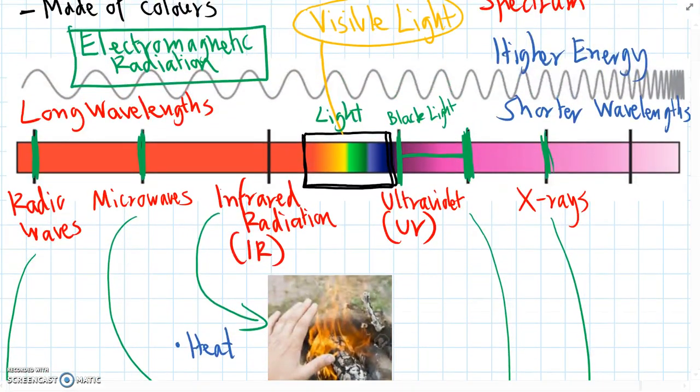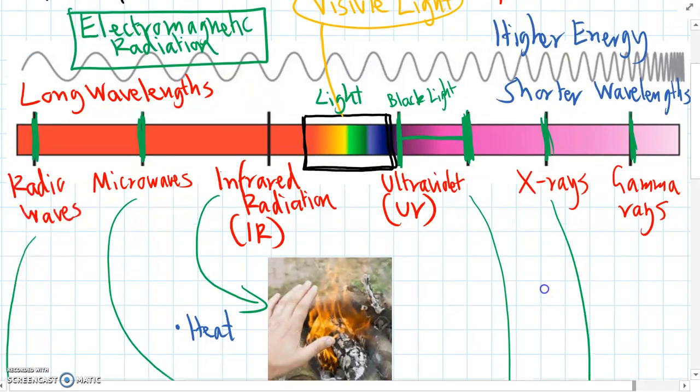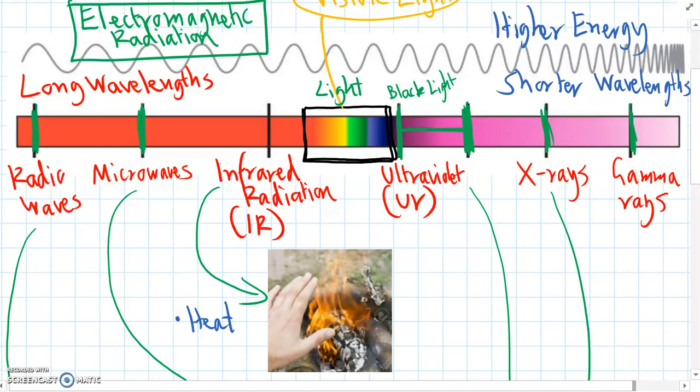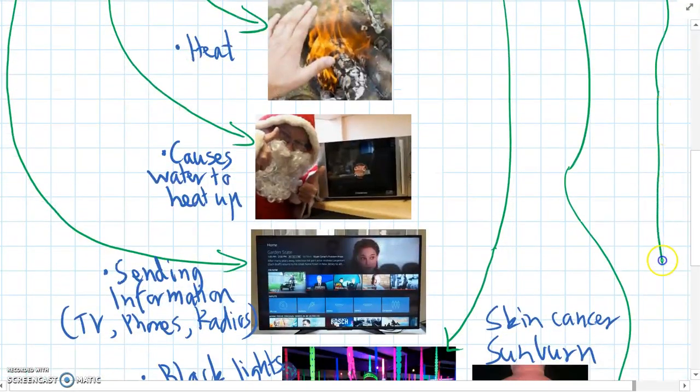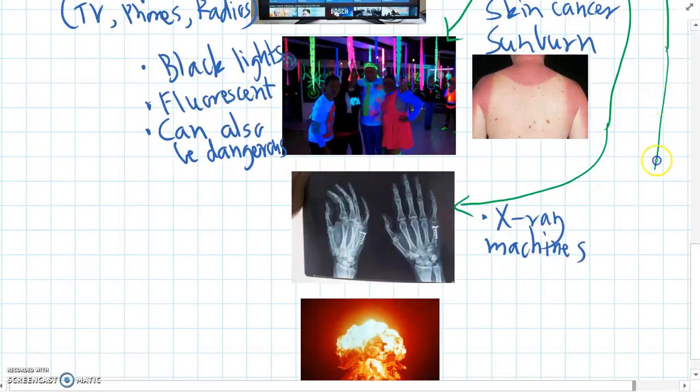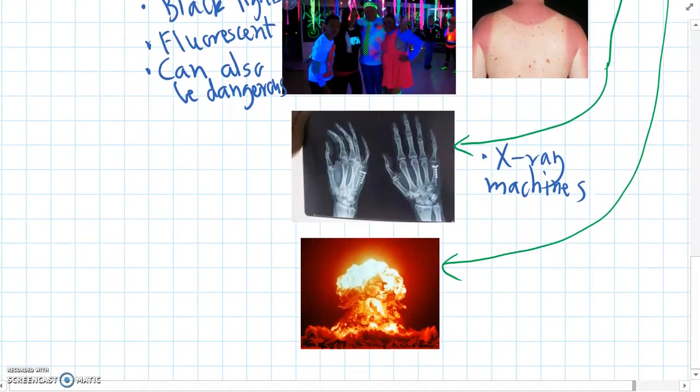Lastly though, all the way down at the end, with a really short wavelength, we have gamma rays, or gamma radiation. And these are the highest energy types of radiation, which means they are extremely dangerous. And gamma radiation is released in space from stars, and supernovas when stars explode, but gamma rays are also released by nuclear bombs.